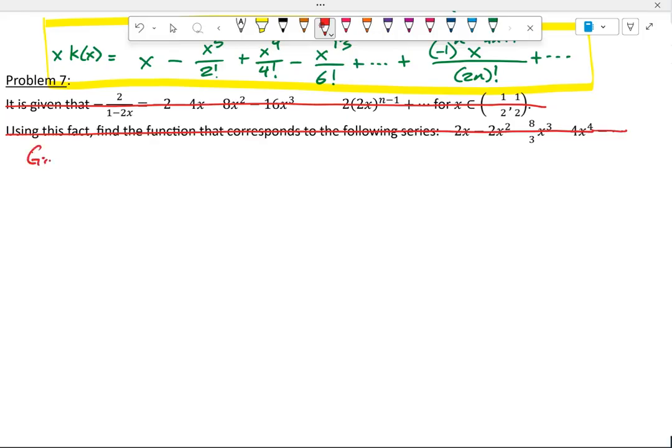So we are going to say given f of x equal to 1 over 1 plus 2x cubed, find a Maclaurin series for f of x.